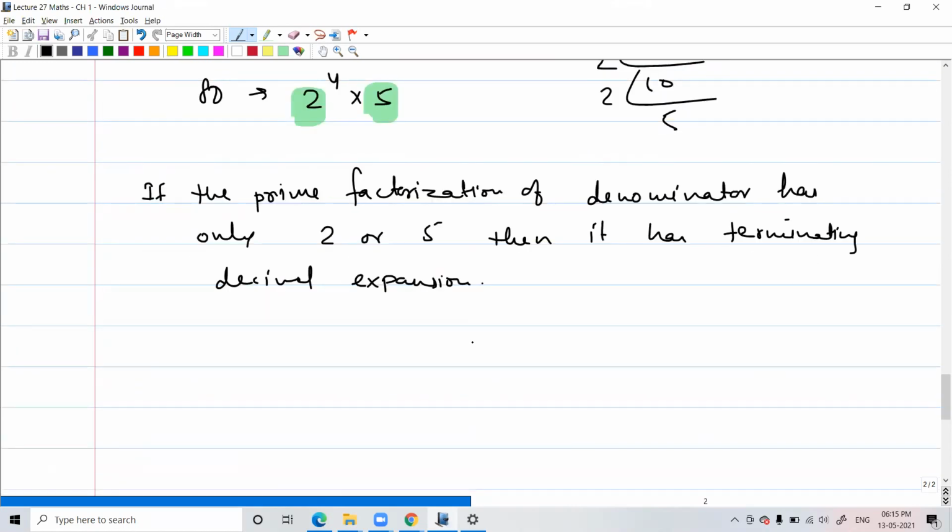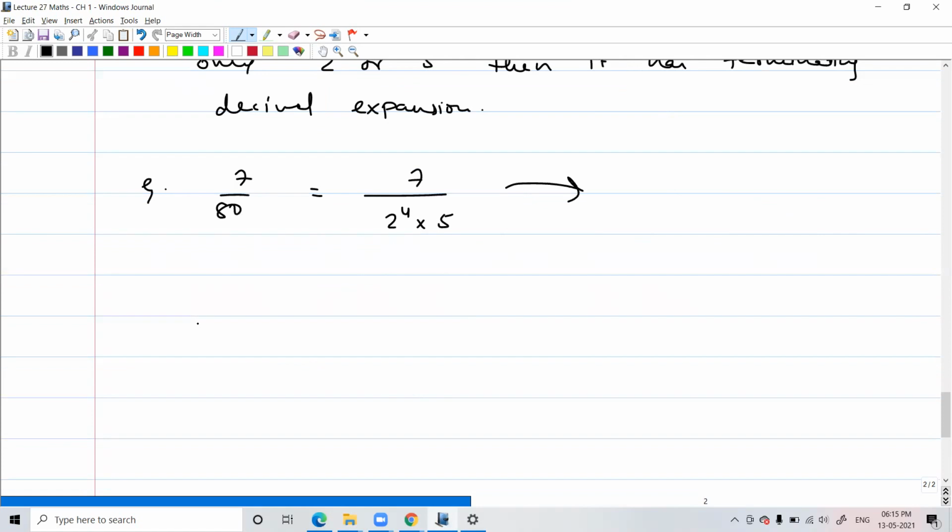Let's prove that. Okay, so 7 by 80, just now I told you its denominator is 2 to the power 4 and 5. Okay, so if I want to convert this to a decimal, what should I do? One way is the difficult way. Do the division like a donkey, all the hard work.